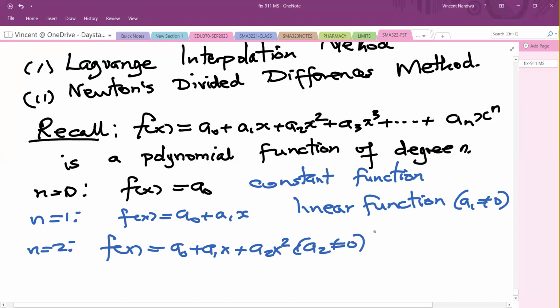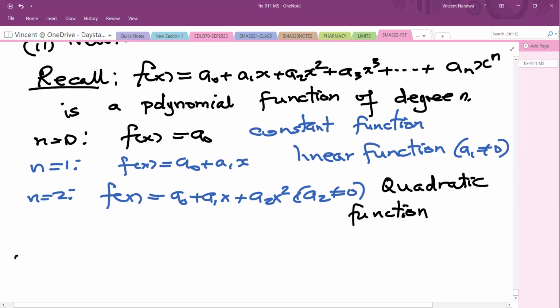So what name do we give to this kind of function? Correct, quadratic. So these are quadratic polynomial or quadratic function.